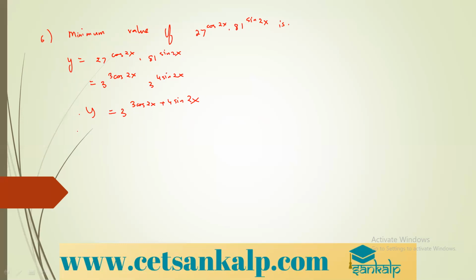If I want y to be minimum, that means here 3 cosine 2x plus 4 sine 2x has to be minimum. Now when it will be minimum, you will take plus or minus square root of 3 square plus 4 square.